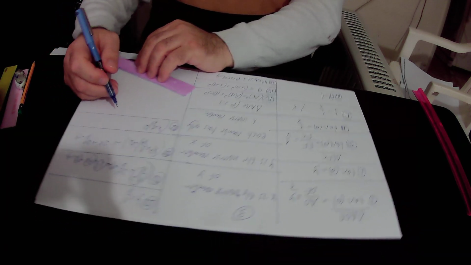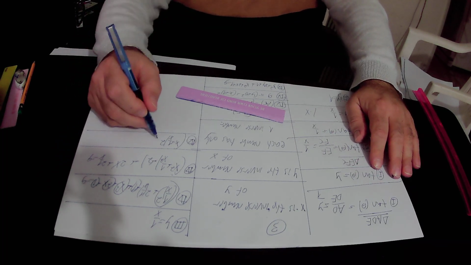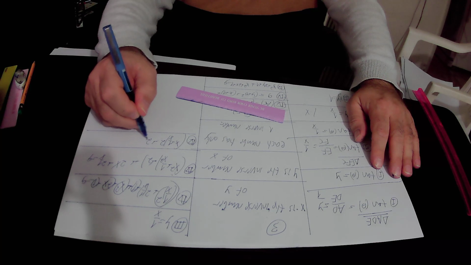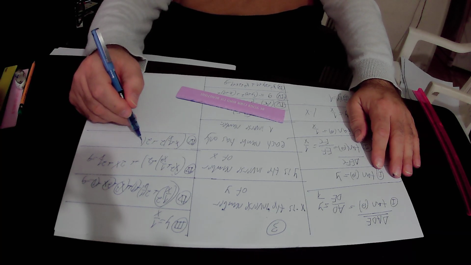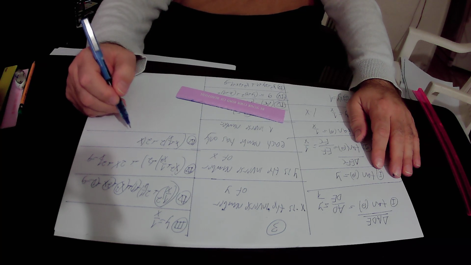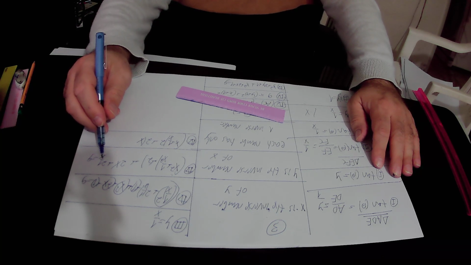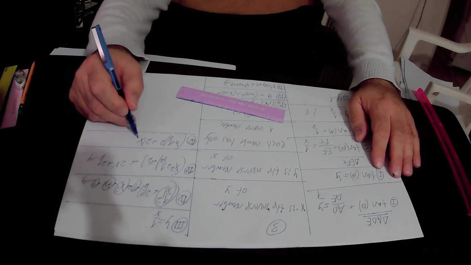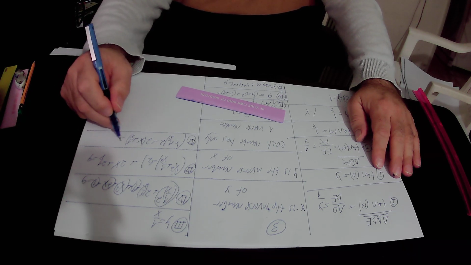Here we will take 2 as a common factor out of those two expressions, and inside the brackets we will have x plus 1 over x, that equals 9.